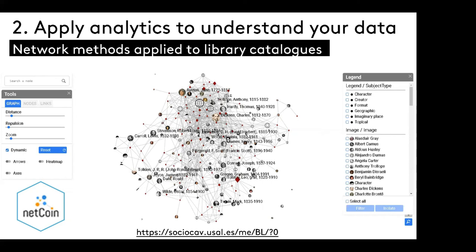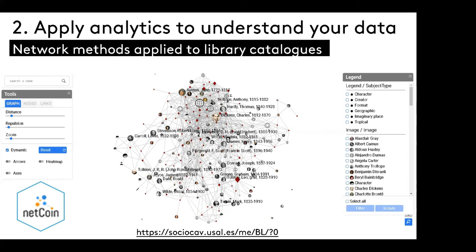We extracted that data from the British Library and visualized it using network science, so that we could see the relationships between authors, the main authors, subjects, and publishers. For this, we use an R package called Netcoin that allows the creation of interactive networks, and that I highly recommend you have a look at.